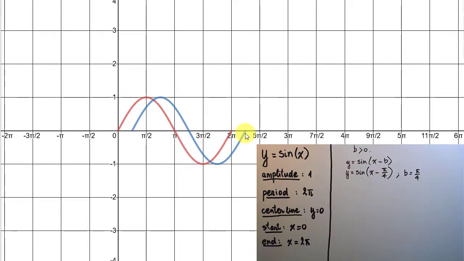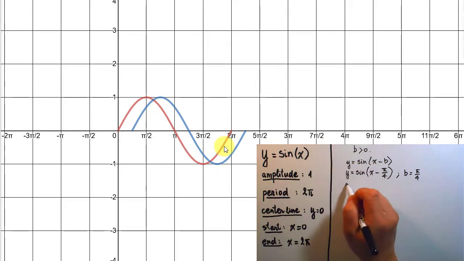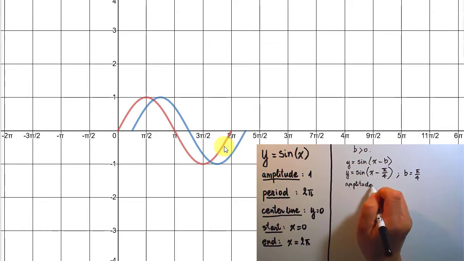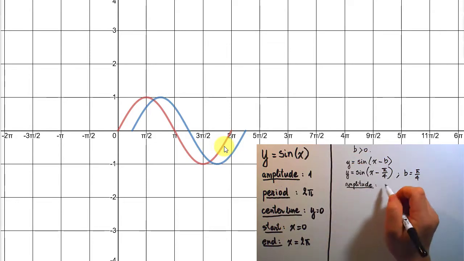Comparing the two graphs, the blue graph has the same wave height as the red graph, which came from the original sine of x. So we can draw that first conclusion: the amplitude of sine of x minus pi over 4 is 1 again.